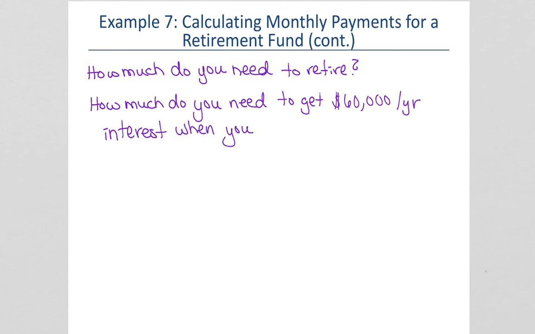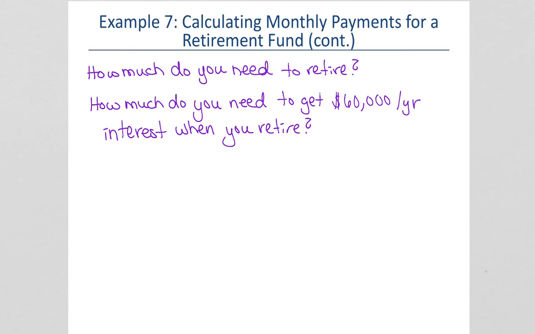So you want to accumulate enough money over these 45 years so that every year just in interest you've got $60,000. Not that you're subtracting from the amount that you've accumulated at all. You're just getting it in interest.